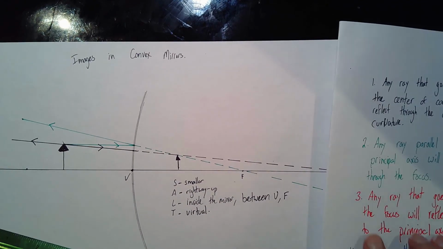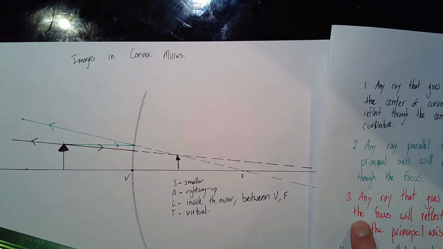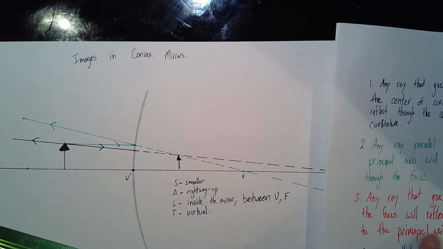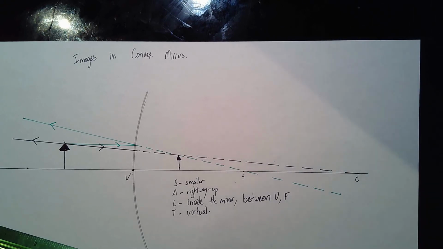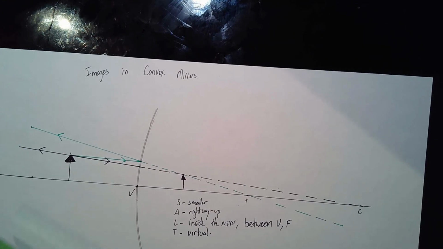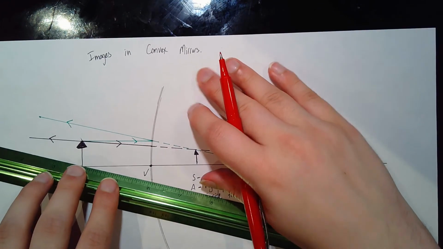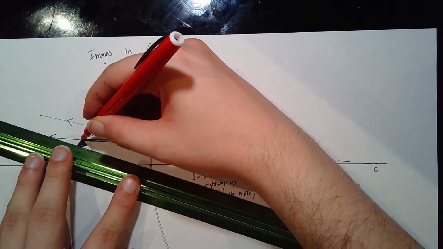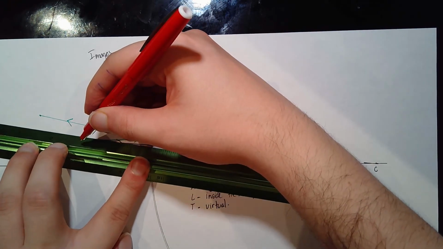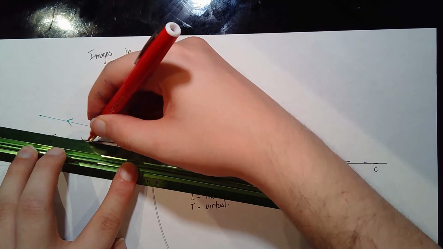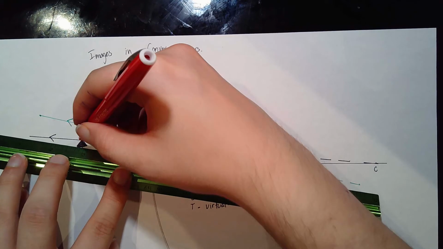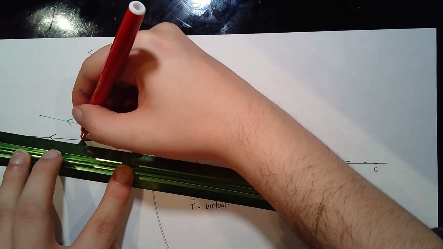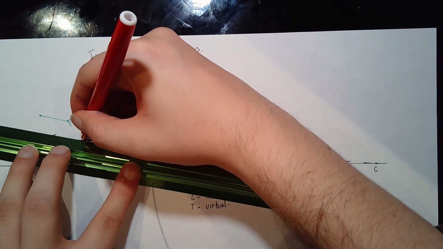And so if we look at rule number 3, any ray that goes through the focus will reflect parallel to the principal axis. And so this time, we're taking our ray that's coming from the object, and we're aiming at the focus. Now usually this would reflect off in a parallel way, and so this rule does not have to be really modified, right?